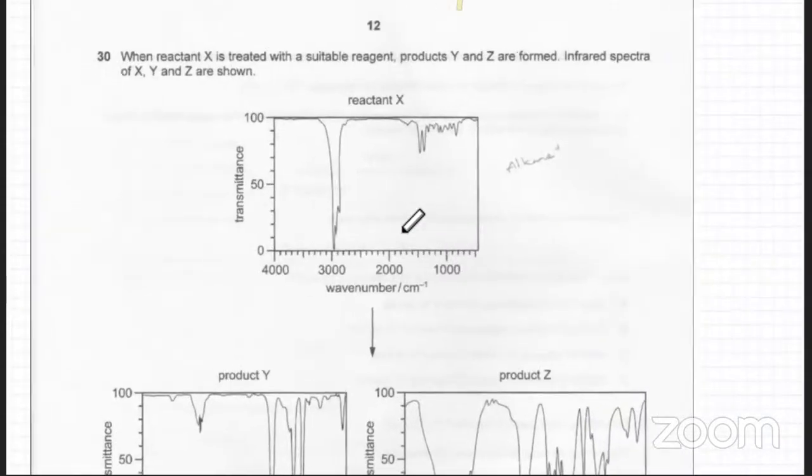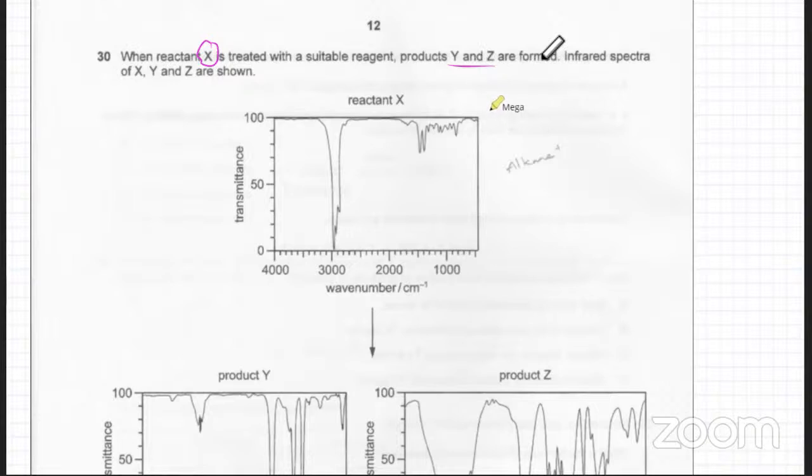The next one is: when reactant X is treated with suitable reagents, products Y and Z are formed. In the infrared spectrum of X, so reactant X is treated with a suitable reagent, products Y and Z are formed. So X produces 2 things when a reaction happens, and the infrared spectrum of X is being done.